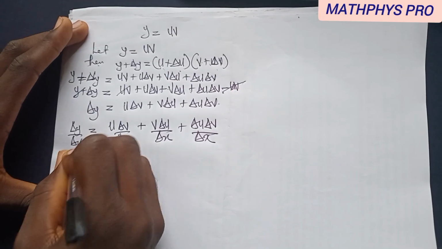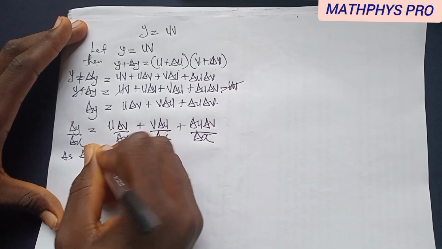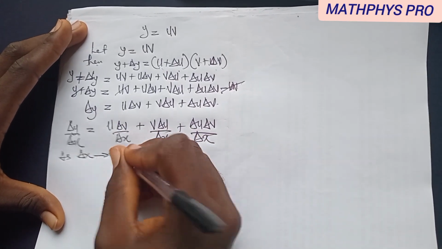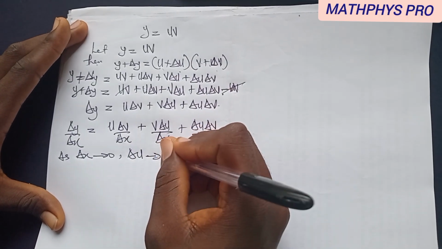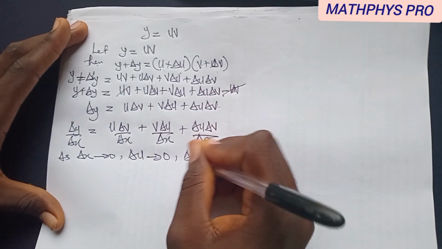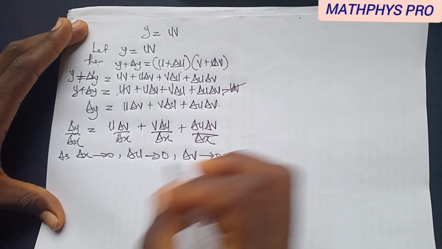Now, as change in x approaches 0, change in u also tends to 0, and change in v also tends to 0.